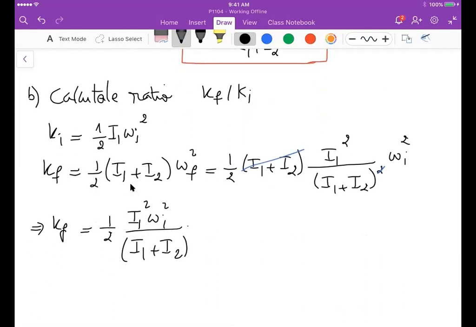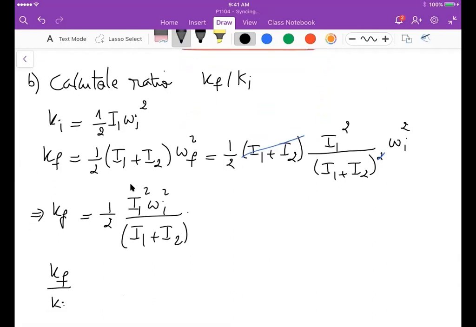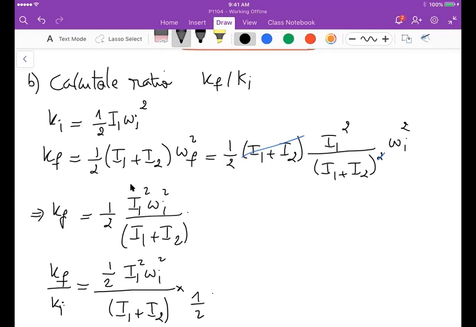Now let's make the ratio of the final to the initial kinetic energy. K final over K initial: K final is 1 over 2, I1 squared omega initial squared divided by I1 plus I2, and I divide by K initial, which is 1 over 2 I1 omega initial squared.